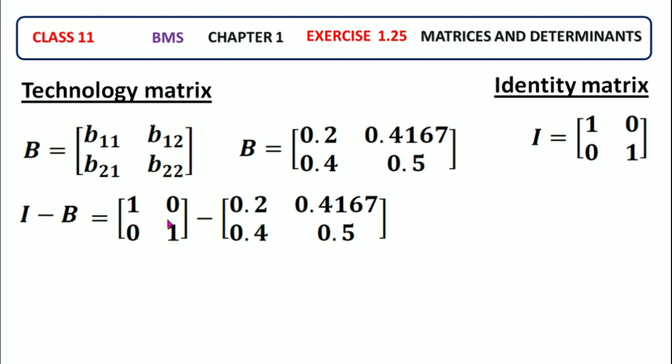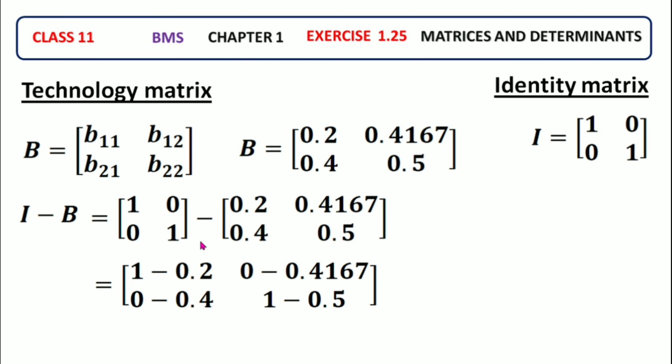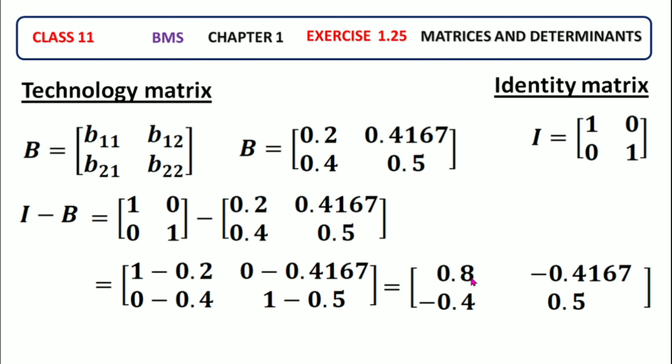Subtracting these two matrices, I minus B, corresponding elements are subtracted: 1 minus 0.2, that is 0.8, 0 minus 0.4167, that is negative 0.4167, 0 minus 0.4, that is negative 0.4, 1 minus 0.5, 0.5.